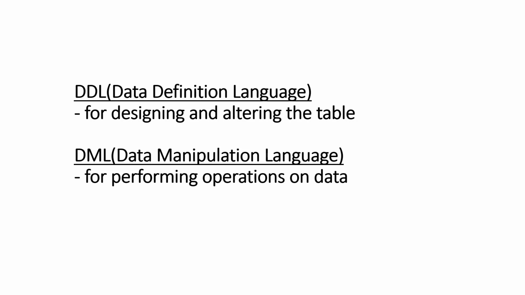We can perform various operations on the data in the table, and such commands are called DML commands, that is data manipulation language. So all the commands meant for the data are DML commands, and all the commands related to the structure of the table are called DDL commands, that is data definition language.